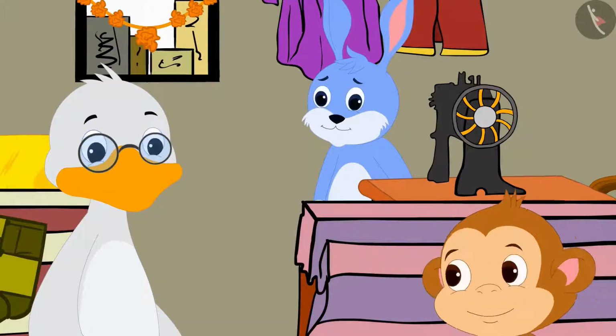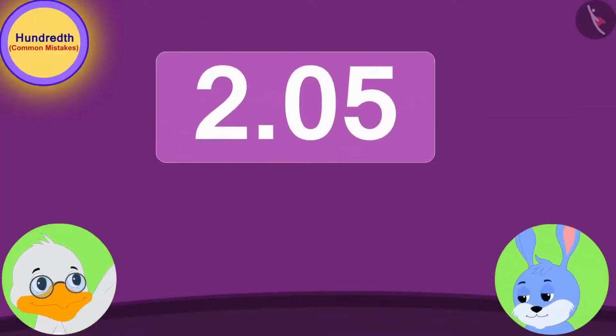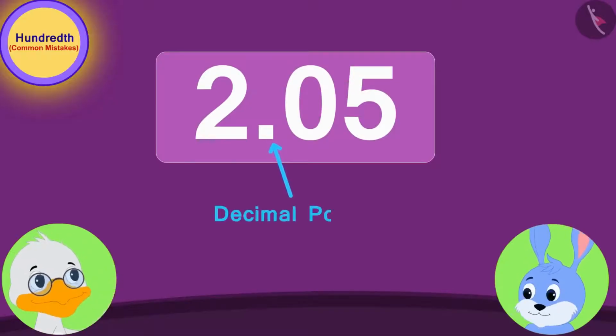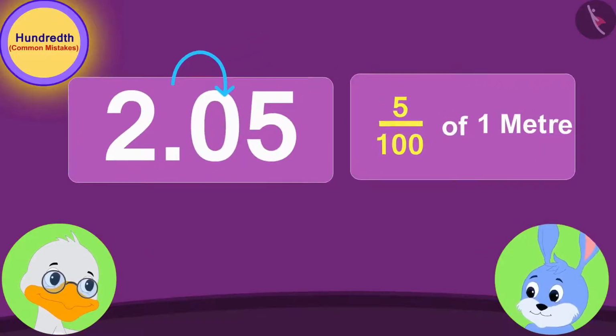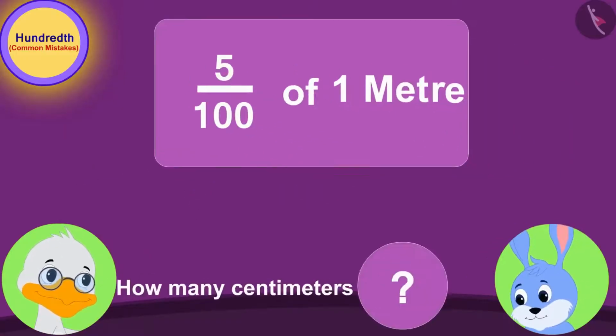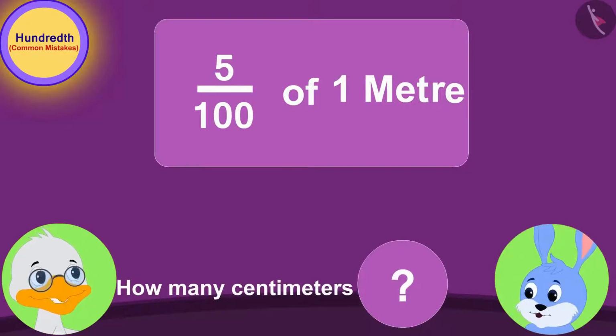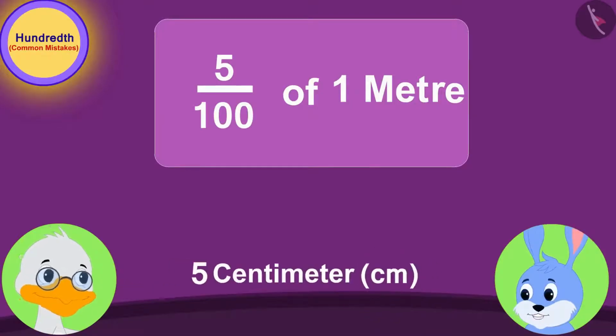Bunny said to uncle. Look, Bunny dear, in 2.05 meters, the decimal point is followed by 0.5 or 5 hundredth part of a meter. And how many centimeters of a meter is equal to 5 hundredths? 5 centimeters. Bunny quickly replied.